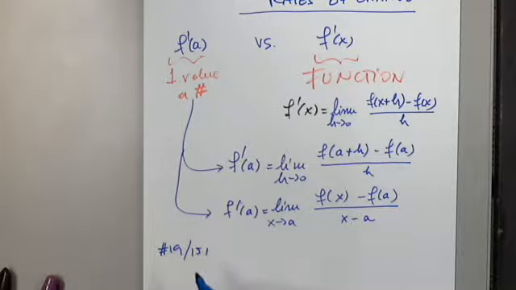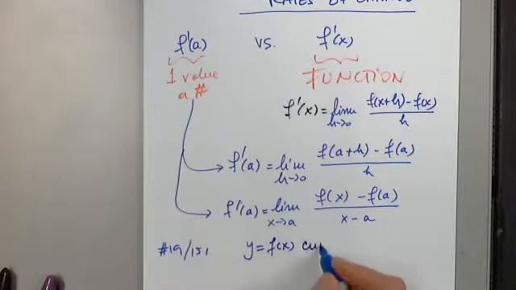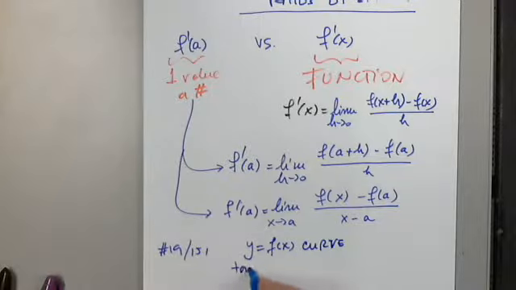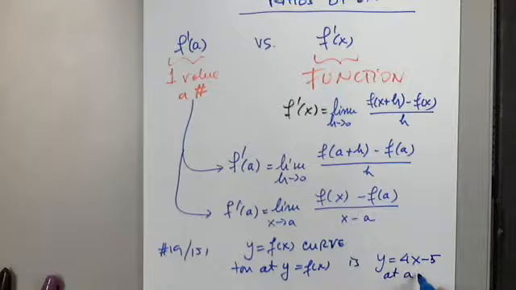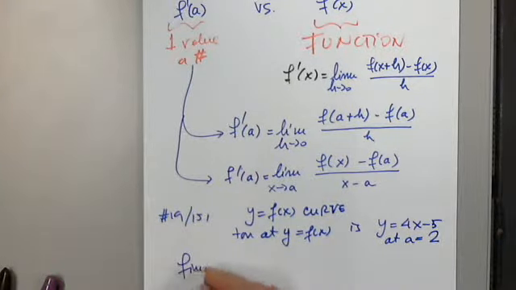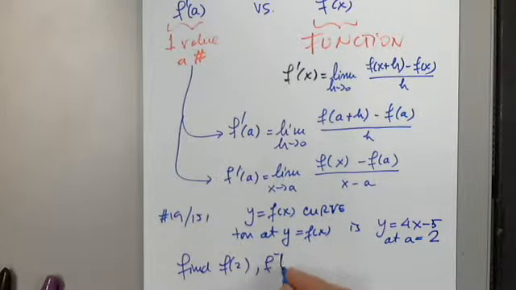If an equation of the tangent line to the curve, or function, y equals f of x, is y equals 4x minus 5 at a equals 2, we're asked to find f of 2 and f prime of 2.